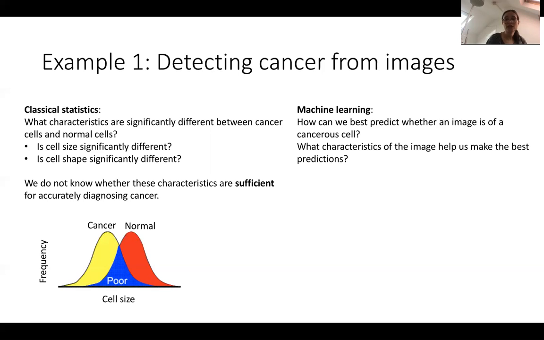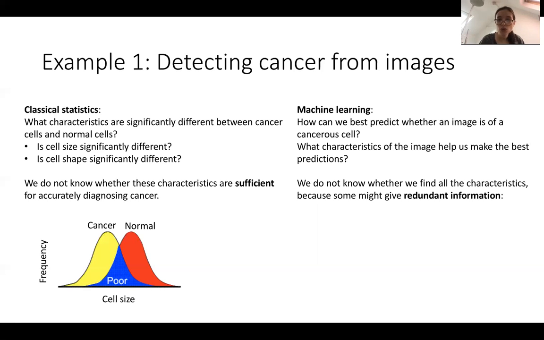In machine learning, we phrase the scientific questions in a slightly different way. We might ask, how can we best predict whether an image is of a cancerous cell? Then, once we build a model to make predictions of whether the cells are cancerous or not cancerous, we can look at the model and try to identify which characteristics of the image helped us make the best predictions.